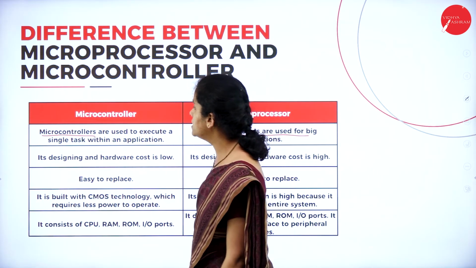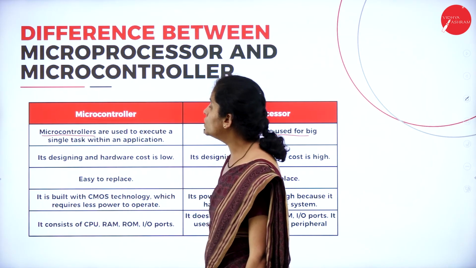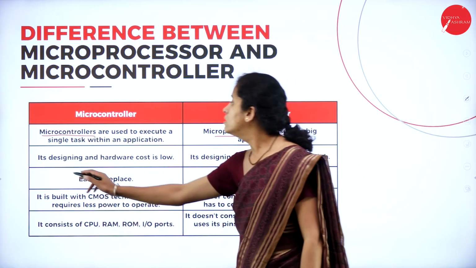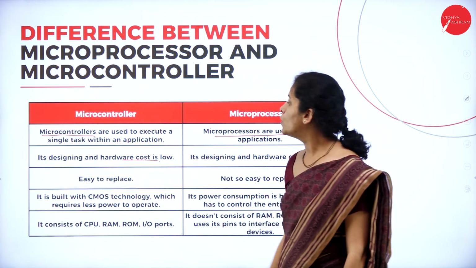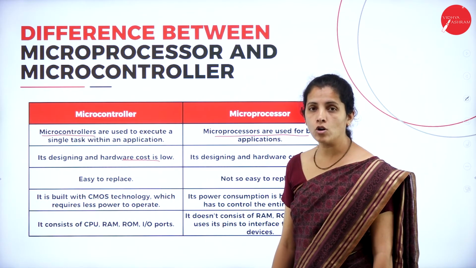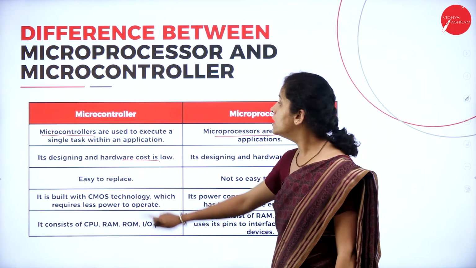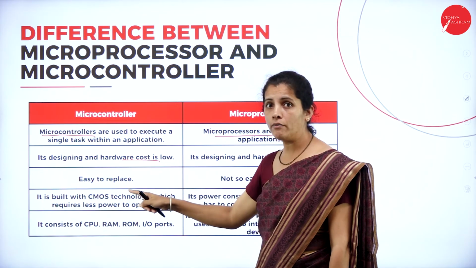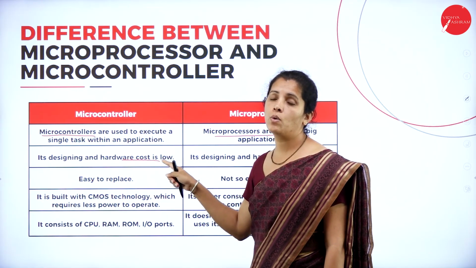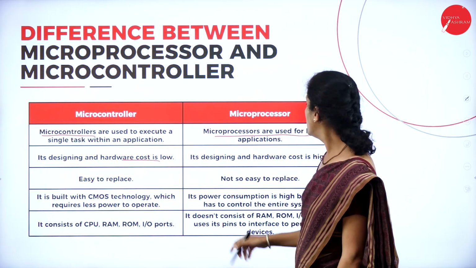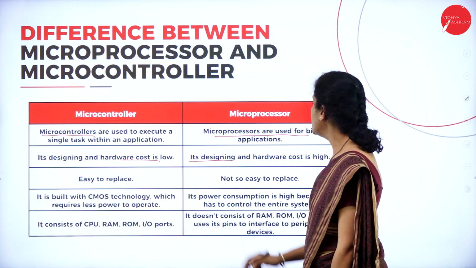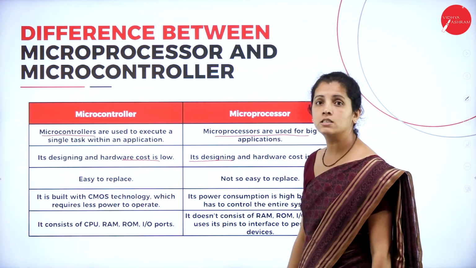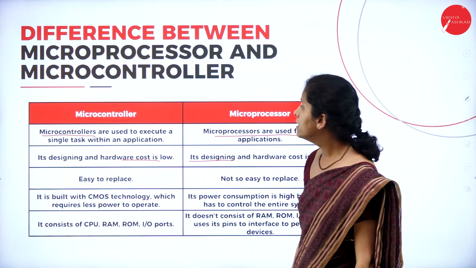The next difference is the design cost. The cost required to design a microcontroller as well as its hardware is very low, but the design and hardware required by microprocessors are very high.